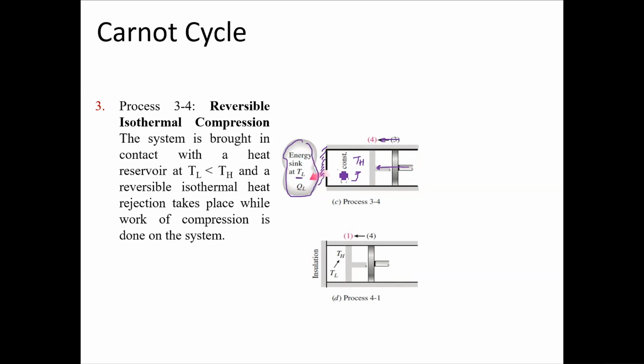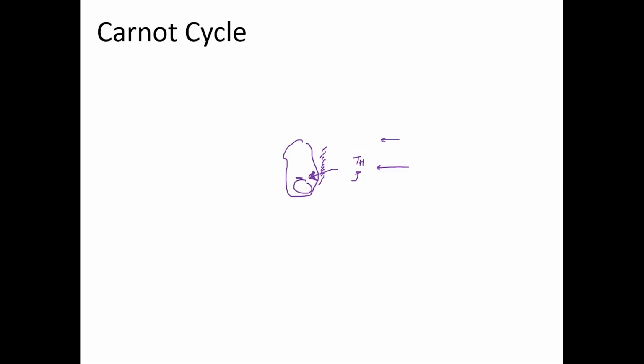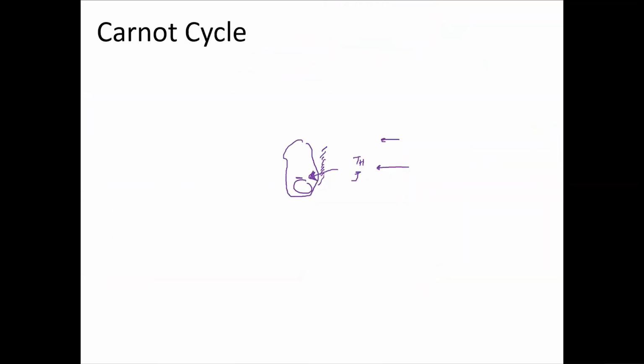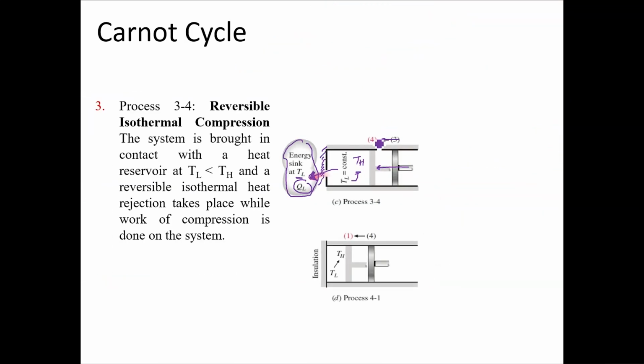So the additional heat that is generated would move out of the system in the form of QL. Now this portion of the cycle has started where heat is being removed from the system. Again, if you see, the process takes place isothermally. Isothermally, you are taking heat out of the system so that your temperature TL remains constant.